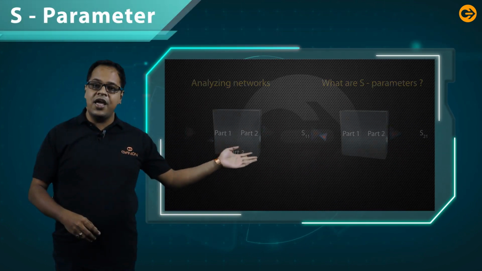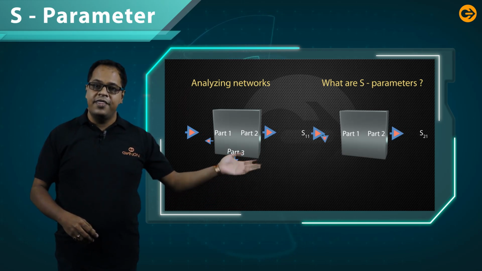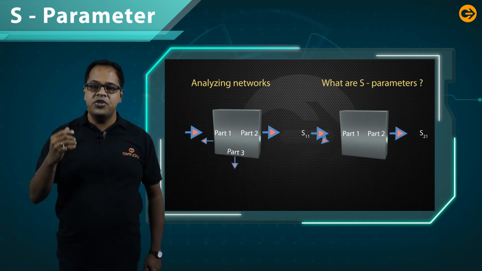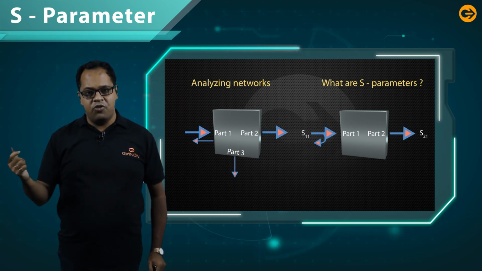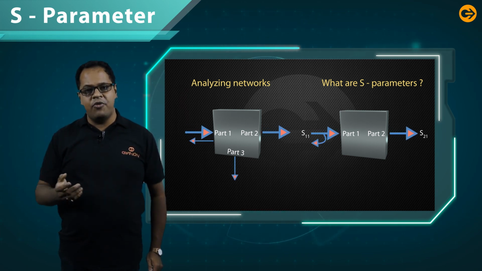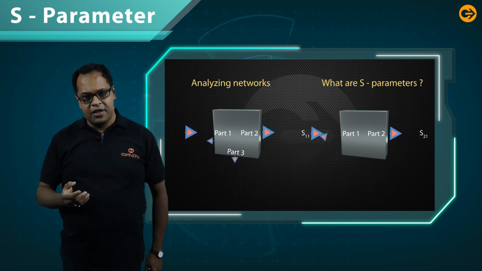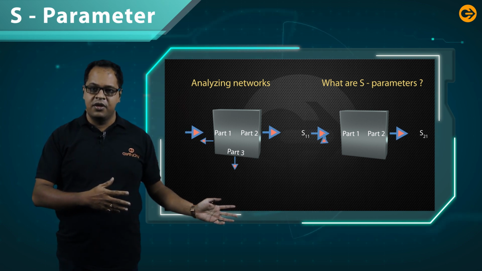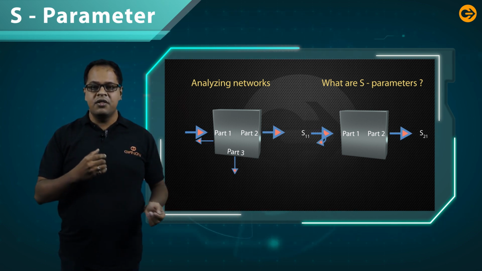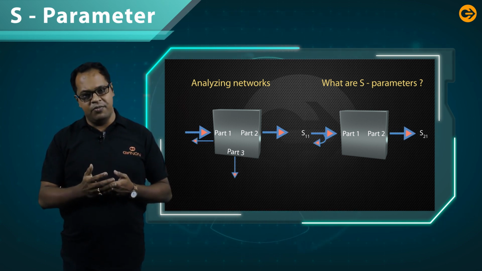You have to analyze those kinds of networks. That means if the signal enters the network, what is the signal at the output of the network, and what is the amount of the signal that is reflected? That can be measured using this S parameter. S parameter is basically known as the scattering parameter.